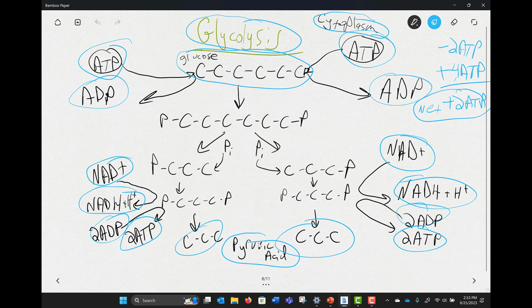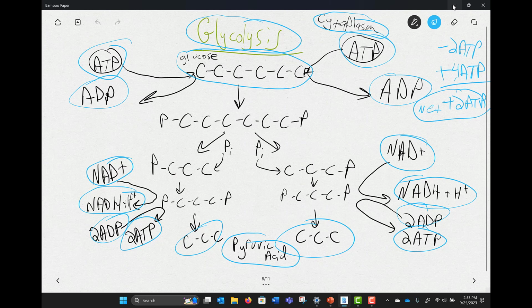Glycolysis can still progress in the case of no oxygen or little oxygen. But instead, pyruvic acid is converted to lactic acid. In low or no oxygen environments, lactic acid is produced during glycolysis.